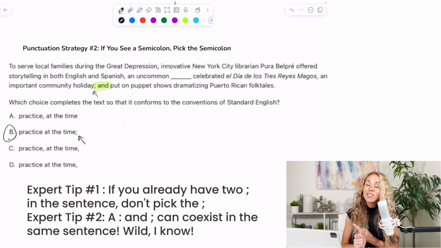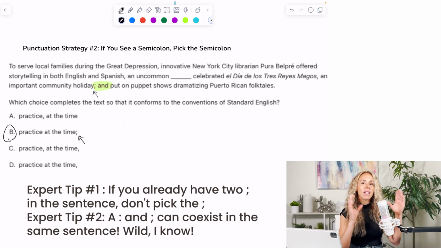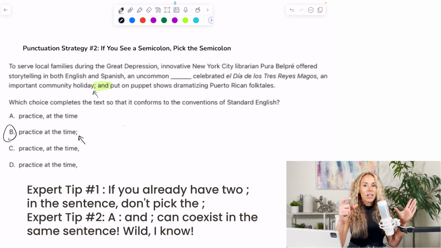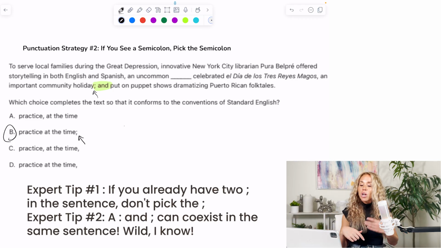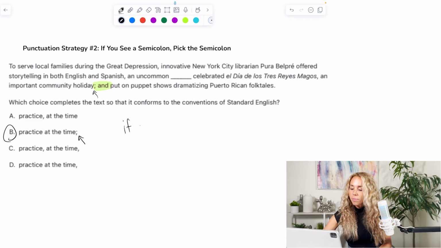A colon and semicolons can exist in one sentence together. What happened was the first part of the sentence made a statement, then there was a colon, and then they went on to explain more about it, and they listed three things separated with semicolons. So, rule of thumb, if you see one semicolon, pick the semicolon.